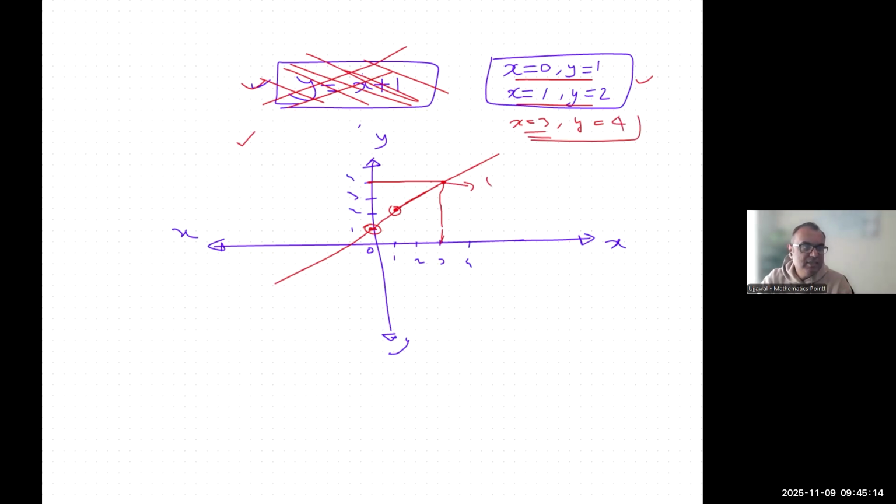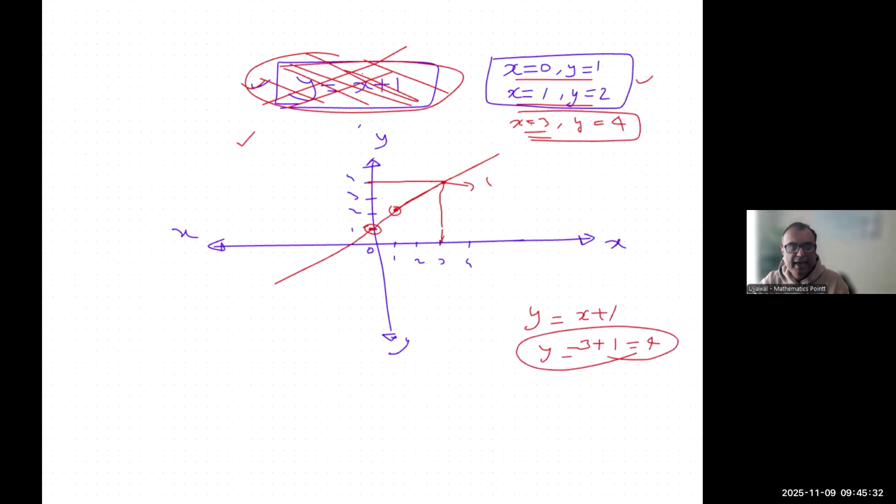Now let's come back to y equals x plus 1. Plug in x equals 3, you get a 4. So you see what's happening here: the graph helps us to find the relationship between x and y, even if we don't know the original relationship.